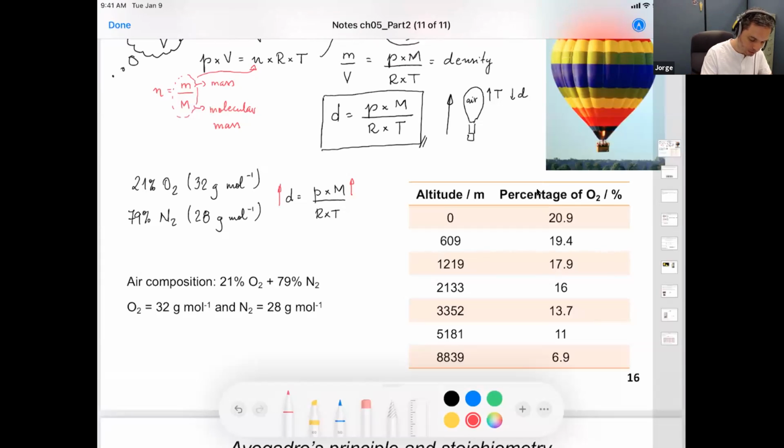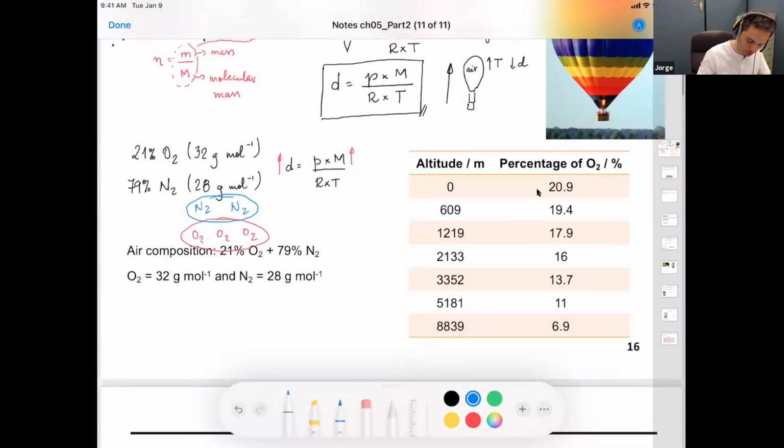Therefore, as you can see here, oxygen is more dense than nitrogen. So oxygen tends to accumulate at lower altitudes while nitrogen accumulates at higher altitudes.